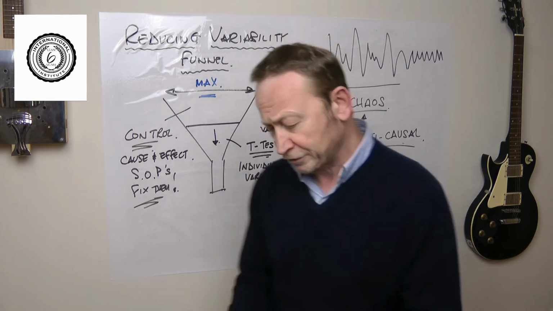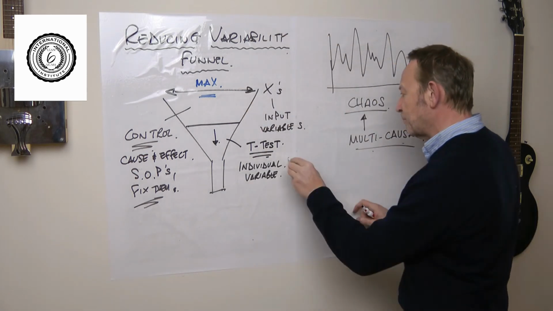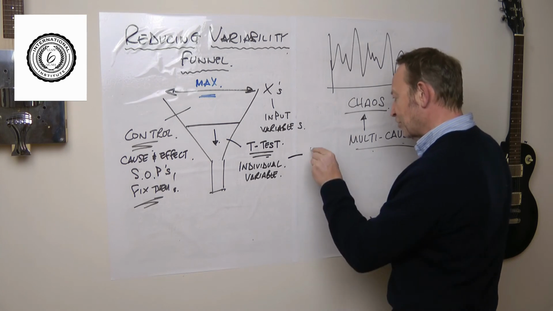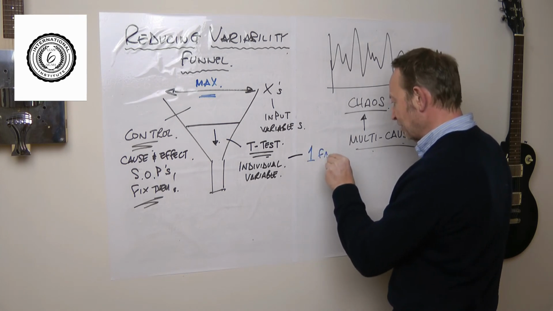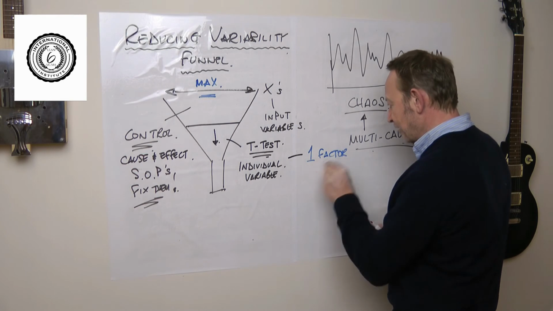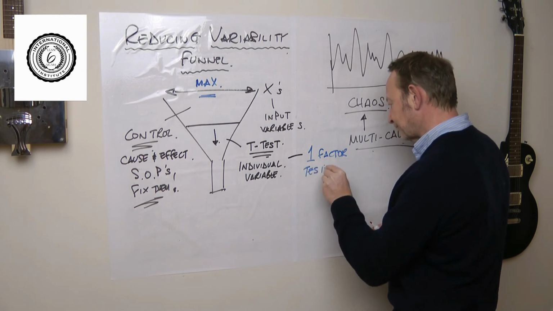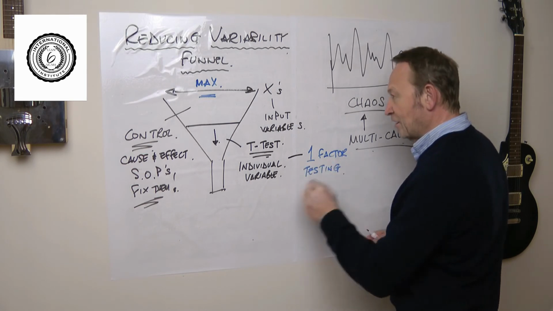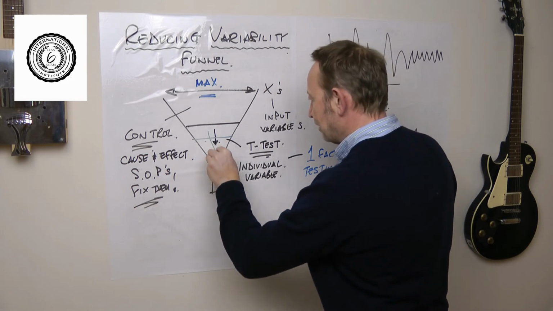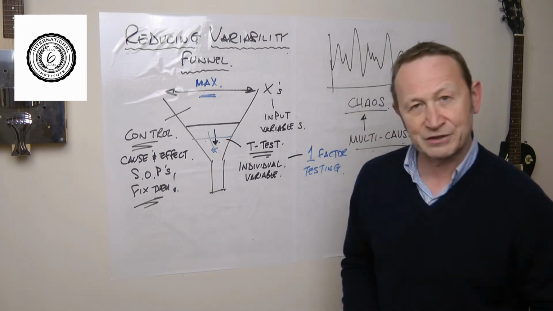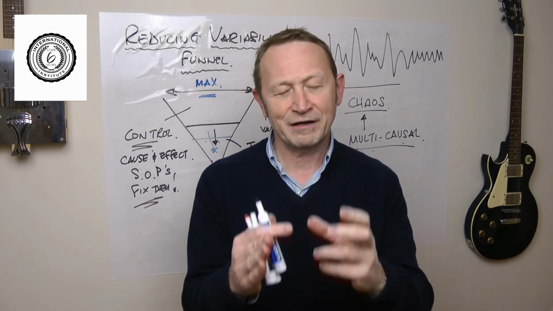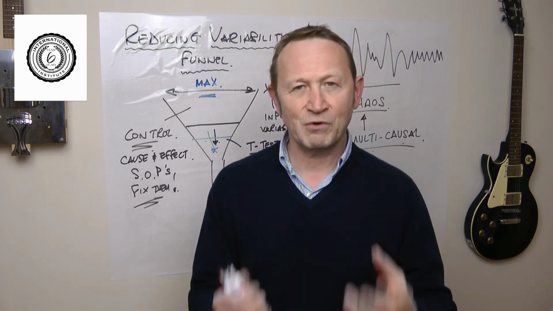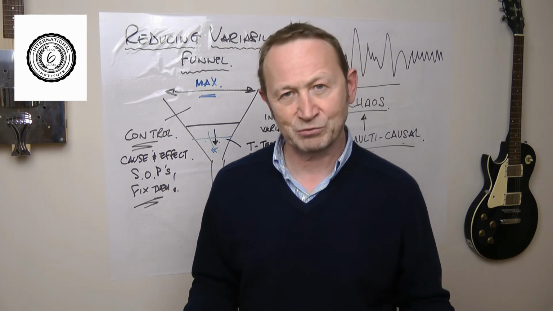So I'm doing one factor. If you use hypothesis tests on their own, you are typically doing one factor testing. And of course what this would do is it would tell you the key variables and you're getting down into that funnel. However, this is the slowest way to learn how your process works.